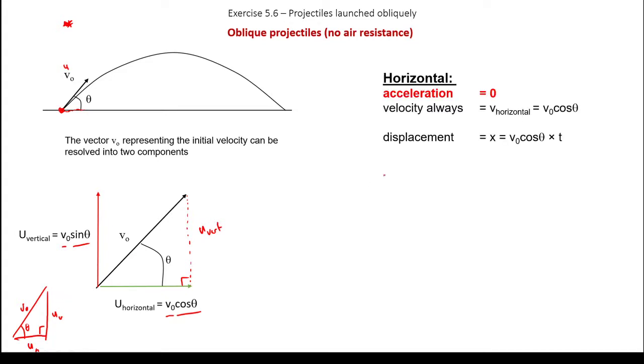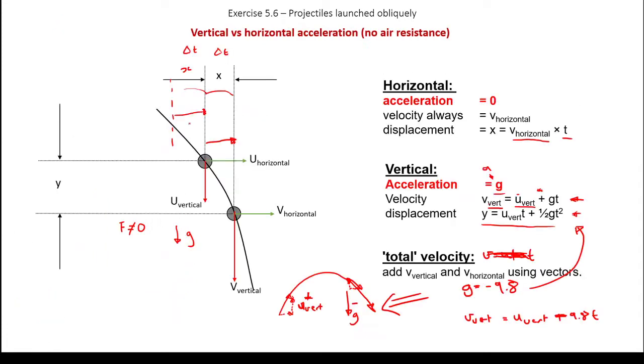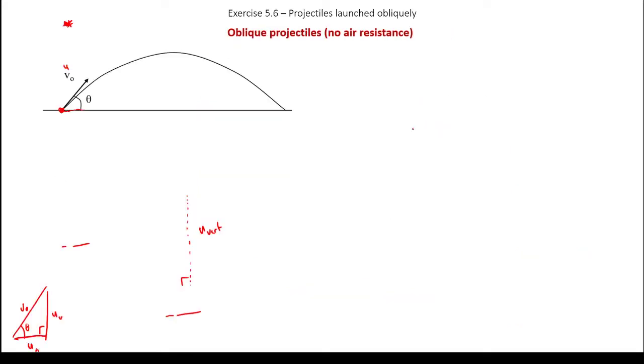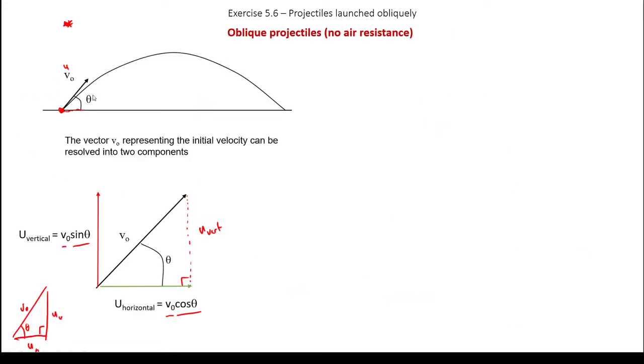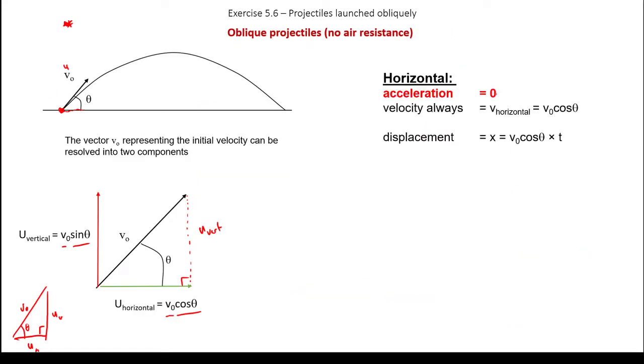So taking what we had before on the previous slide, we're going to now transfer these to take into account our initial condition, this over here. Our horizontal acceleration is still 0.